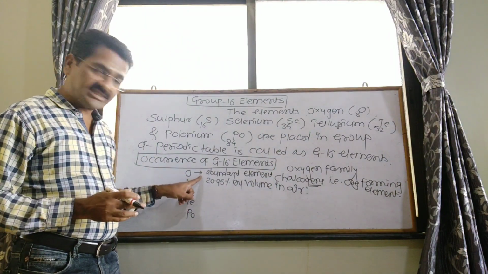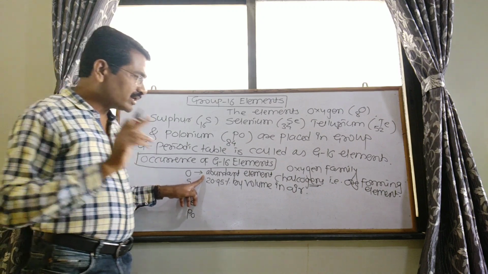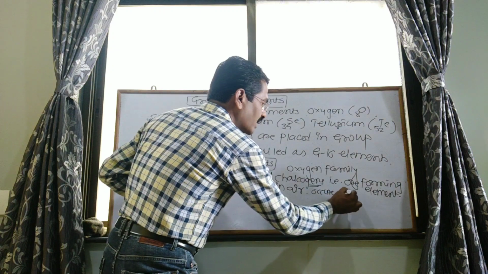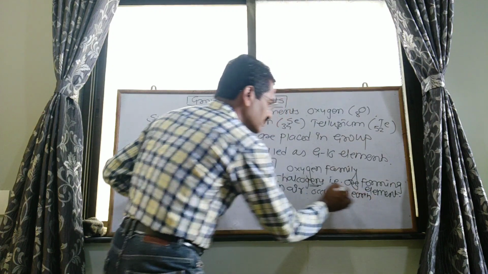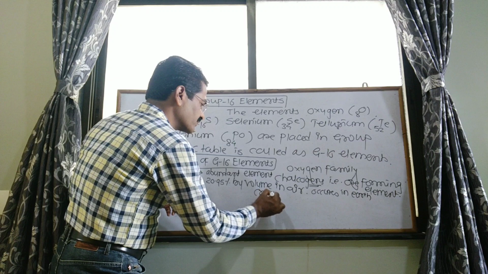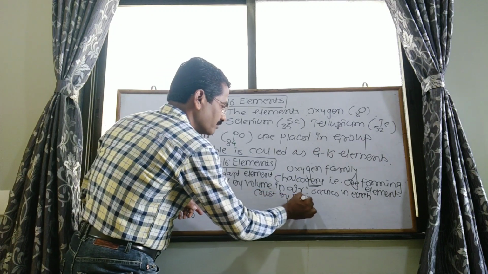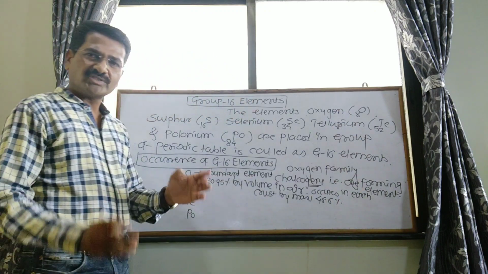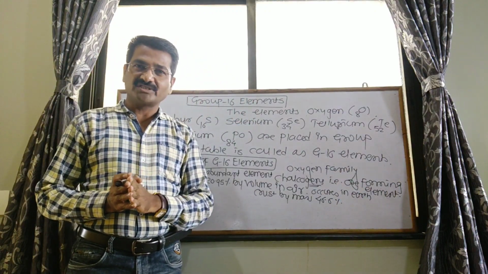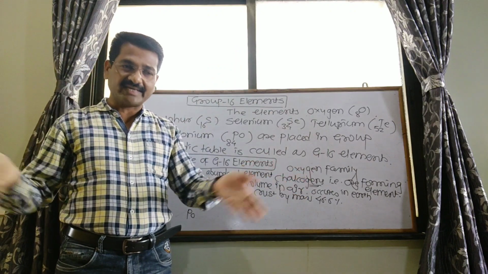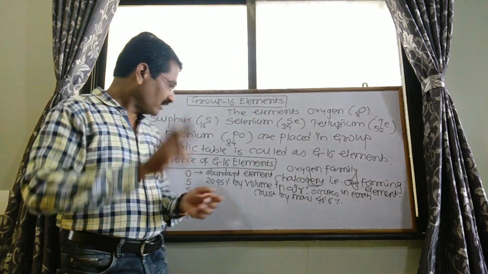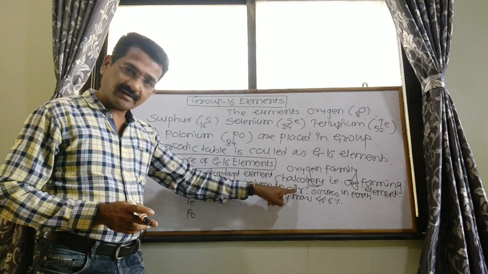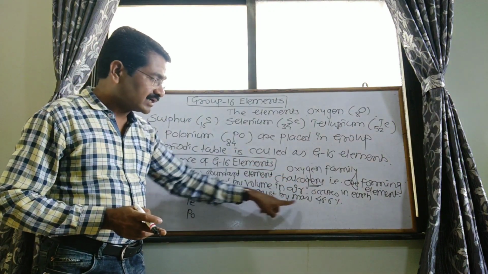Also, oxygen occurs in the earth crust by mass at 46.6%. So this is the occurrence of oxygen. Oxygen can occur in air as well as in earth crust: 20.95% by volume in air, while in earth crust 46.6% by mass.